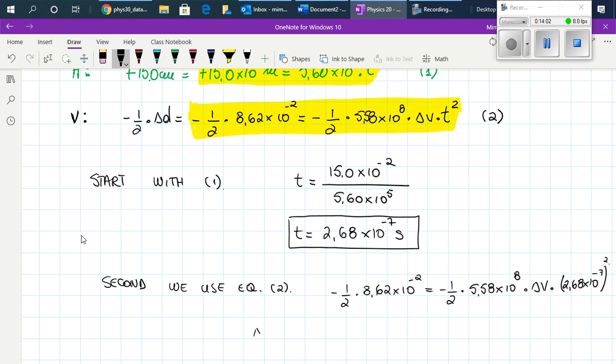Let's find now what delta V is. So negative and negative will cancel out. The 1/2 is irrelevant, since it's on both sides of the equation.